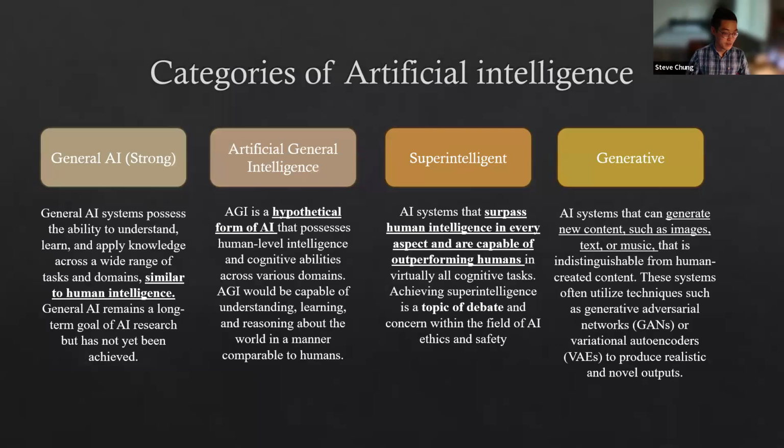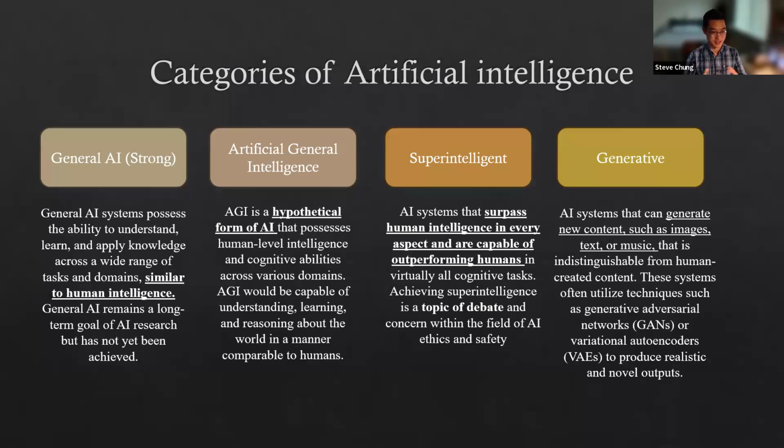Then we have general AI, which is similar to weak AI, but it has the ability to apply knowledge in a variety of fields, not only that specific field. Then general intelligence and super intelligent AI are both theoretical and hypothetical systems of AI that can perform at our human level.